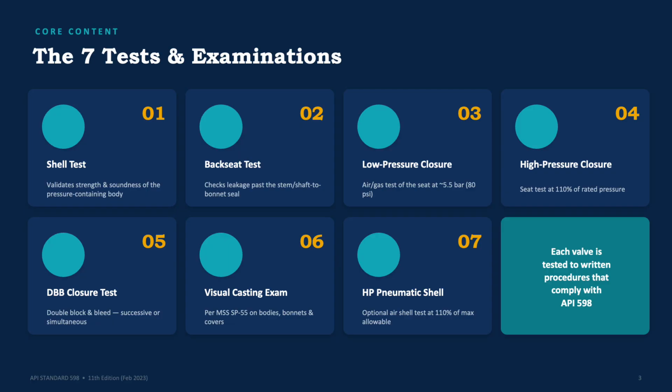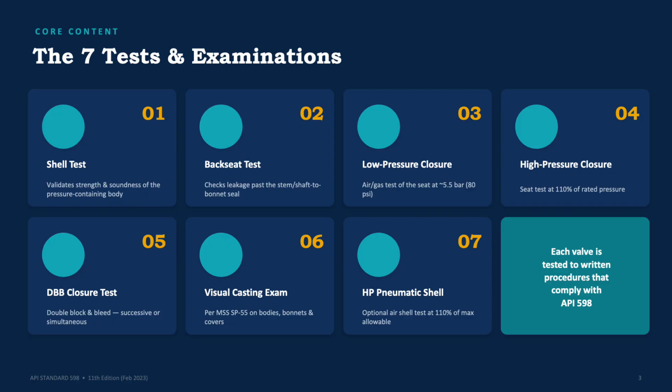Fifth is the DBB closure test. DBB stands for double block and bleed, and here we check for successive or simultaneous closure. Sixth is the visual cosmetic exam, based on MSS SP-55 on body, bonnets and cover.